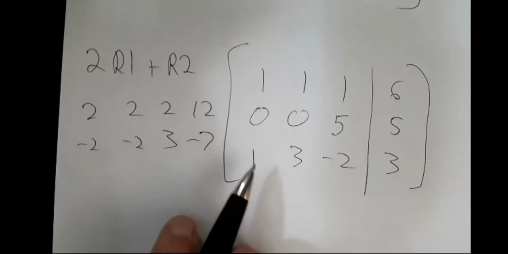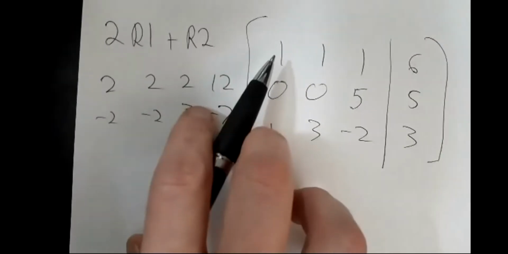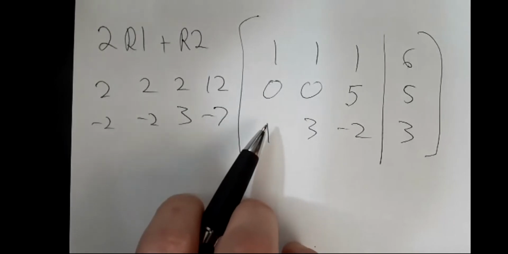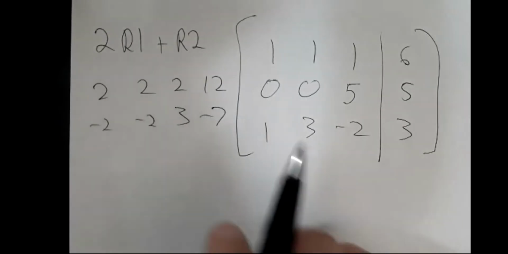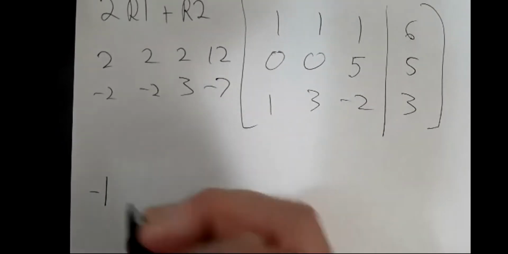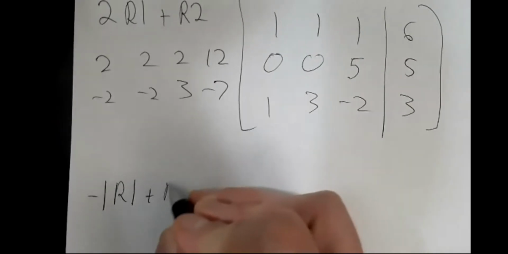The next thing I want to do is get my 0 here. So I'm using this kind of like my units, right? I want to add something to 1 that's going to make it 0. The thing that I can add to 1 to make it 0 is a -1. So I want to multiply that by my first row and add it to my third row.